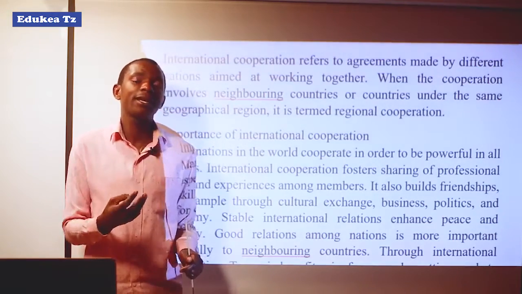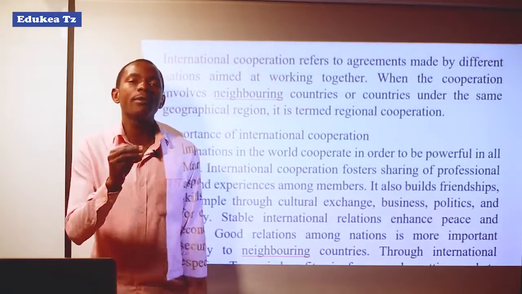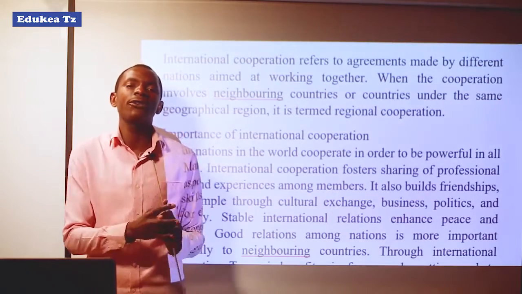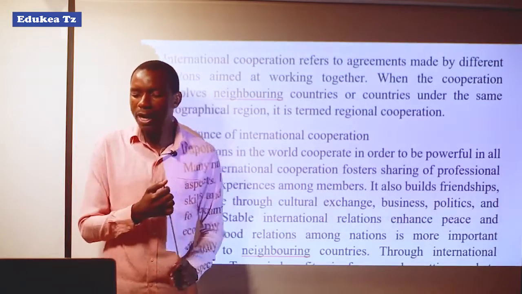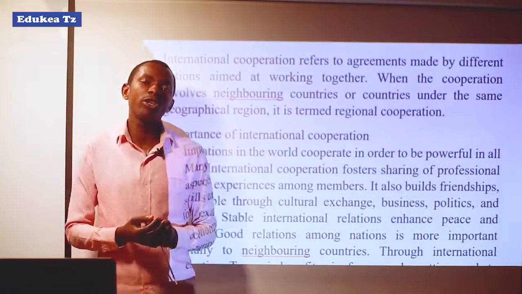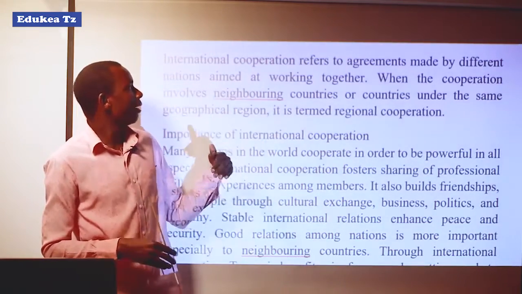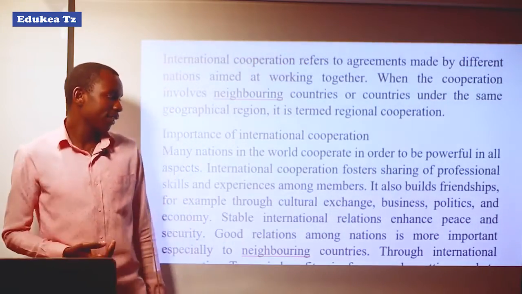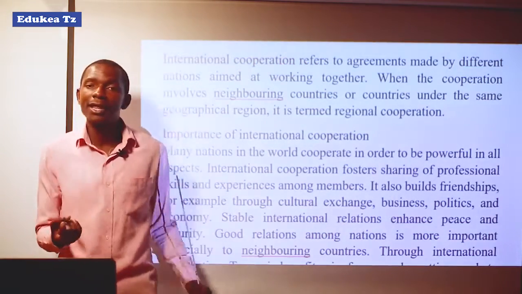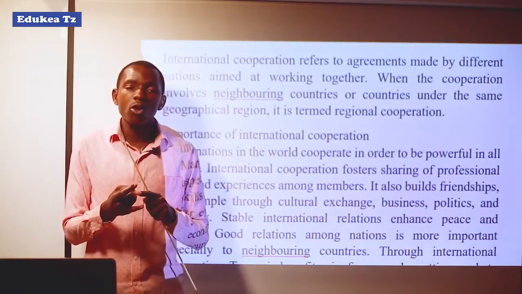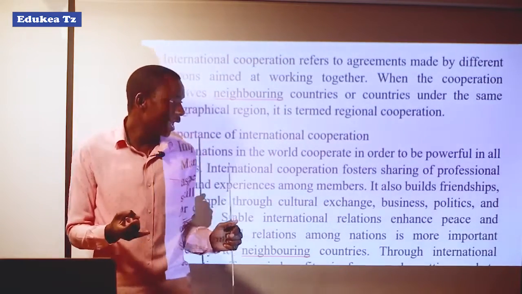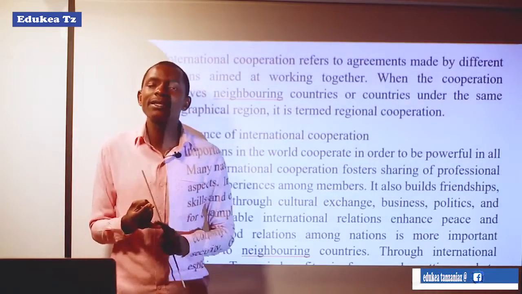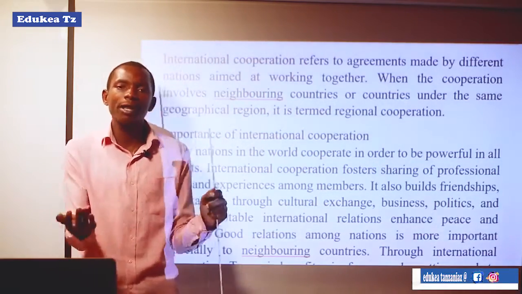The major aim of making these cooperations is to cooperate in all spheres of life. The first importance of international relations is that it maintains peace and security among the member states.